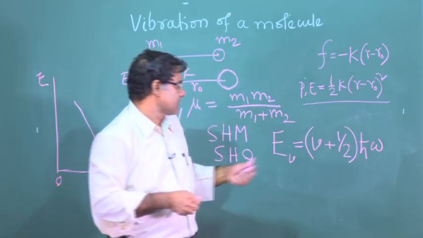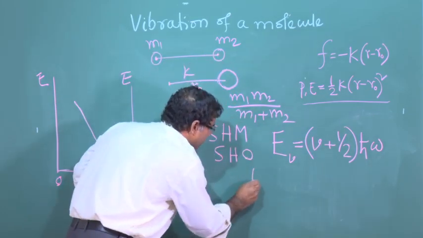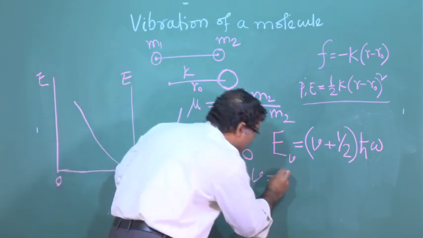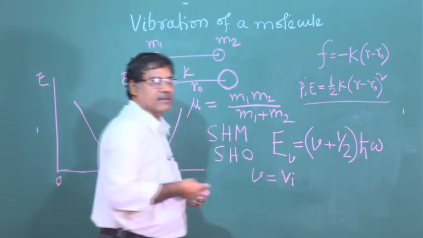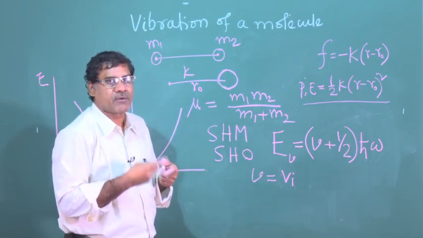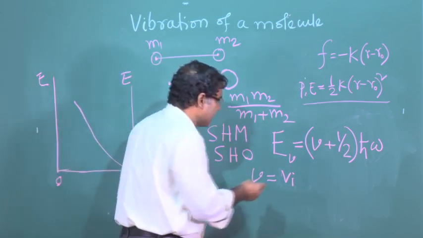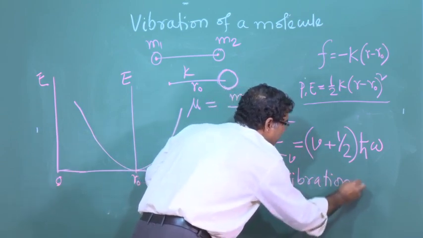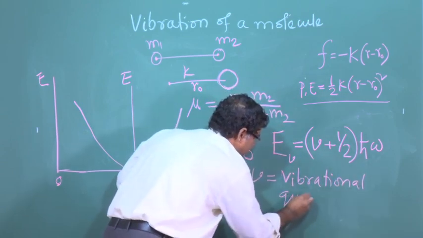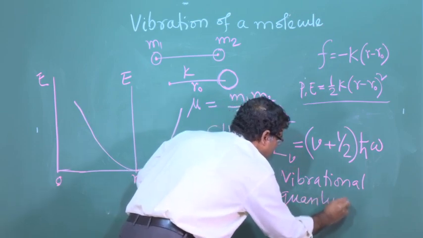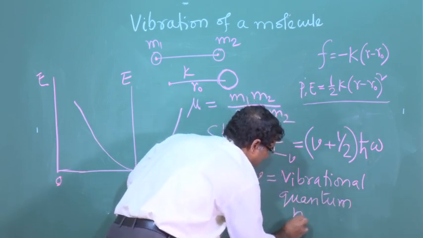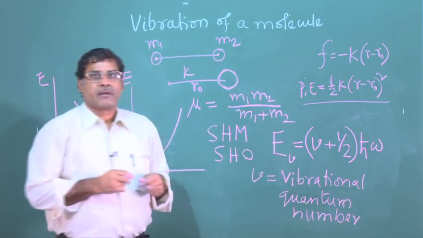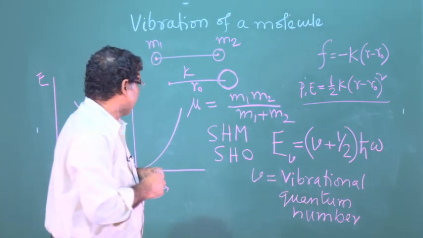Here v is called the vibrational quantum number, like the rotational quantum number j we used before.